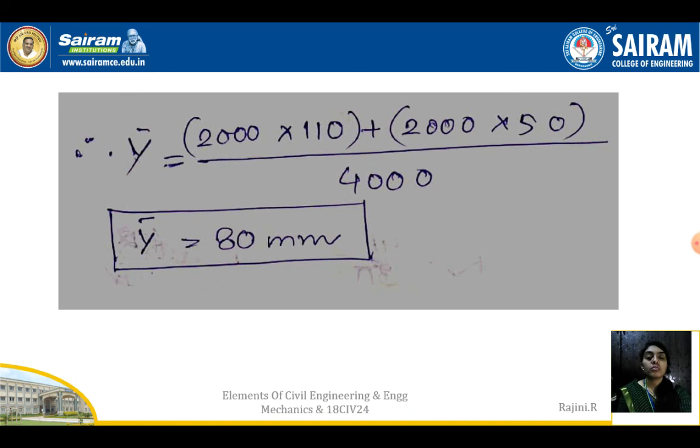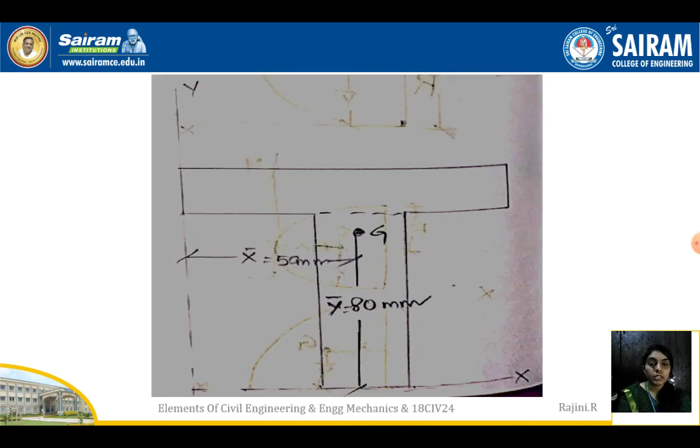If you put it in the formula, you will get y bar is equal to 80. So in this figure, for the whole figure, your centroid lies 80 from the base and 50 from the y-axis.